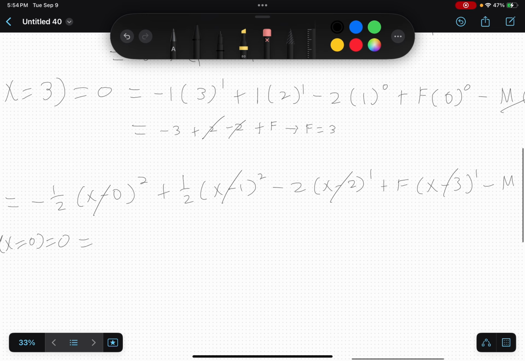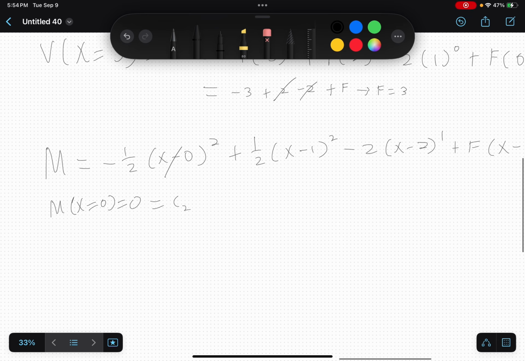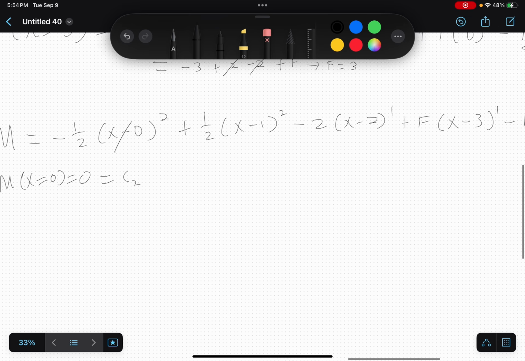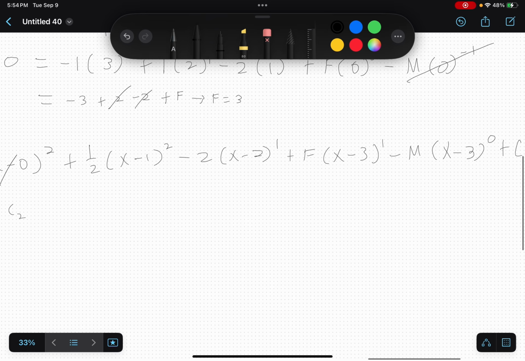So again, we just get C2 equals 0. Cool. And we can use the other boundary condition to solve for m.